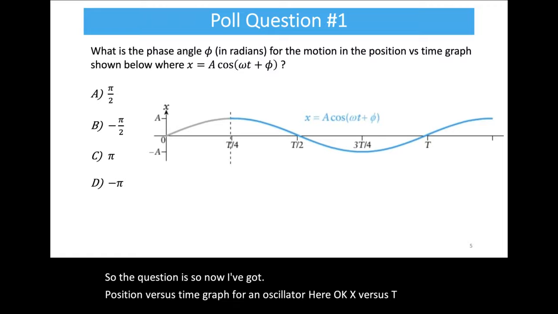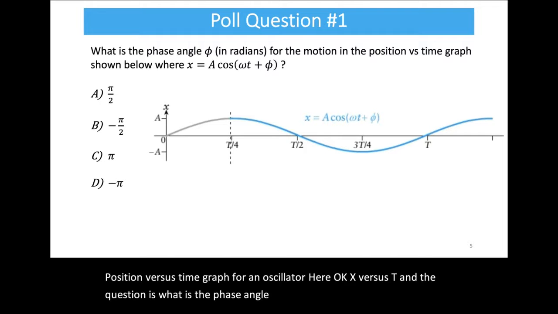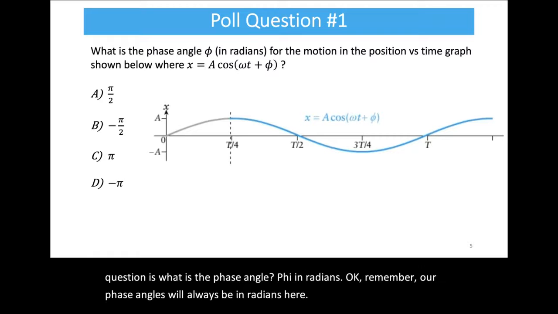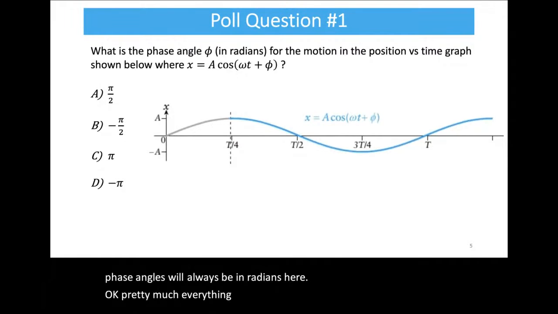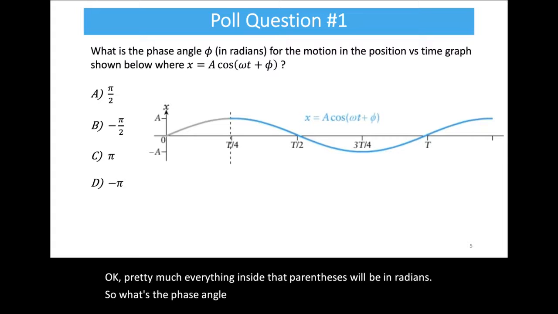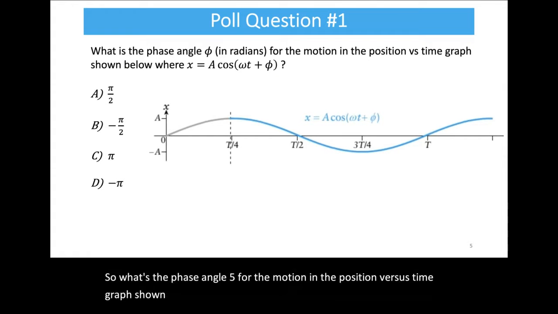What is the phase angle phi in radians? Remember, our phase angles will always be in radians here. Pretty much everything inside that parentheses will be in radians. So what's the phase angle phi for the motion in the position versus time graph shown below? What would you have to plug in there for phi to represent this curve?